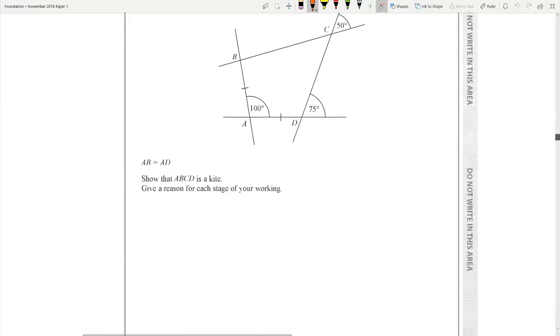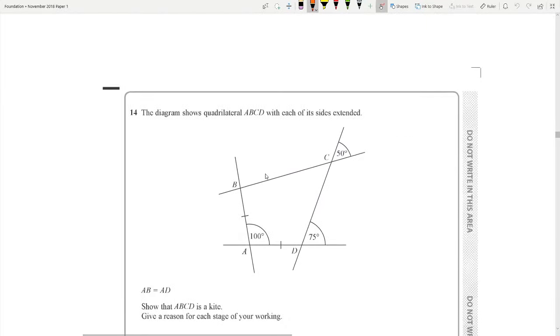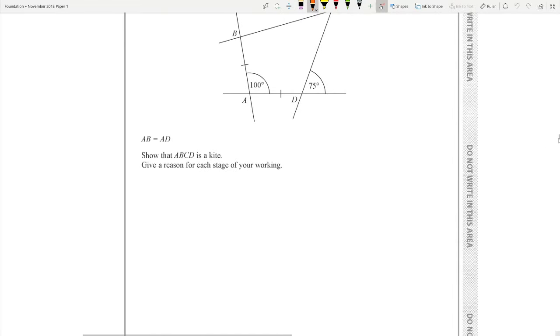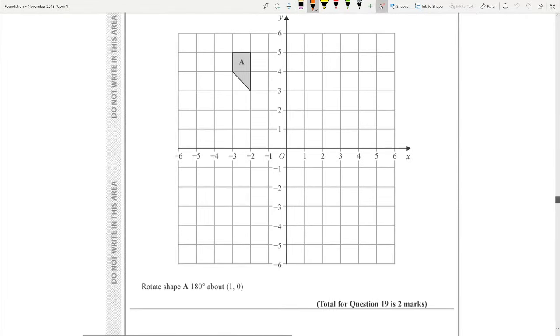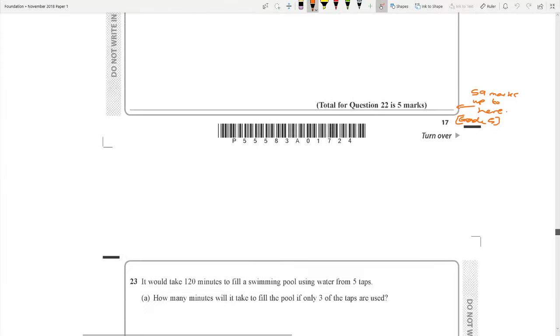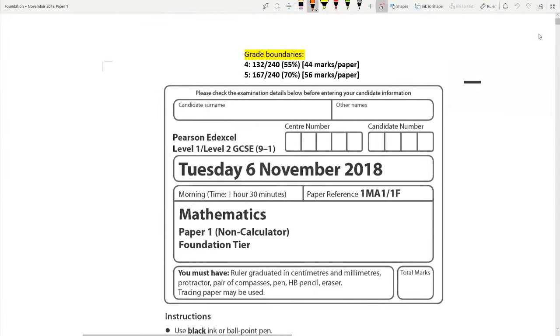If you see a question later in the paper that is worth 4 marks, have a quick look at it. It's basically working out angles. So it's very important to go through the full paper and get an idea beforehand of the kinds of questions you're going to be doing, just to give you a feel. As soon as you've done that, we can go back to the top, and with that we'll begin.